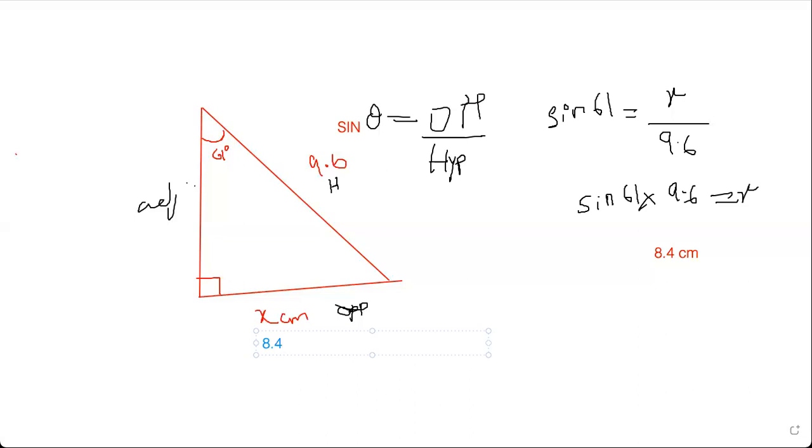The hypotenuse is 9.6 and the opposite is 8.4, so the answer might be correct here. If I get an opposite greater than the hypotenuse, the answer is wrong, because the hypotenuse should be greater all the time. This is how you solve trigonometric ratios.